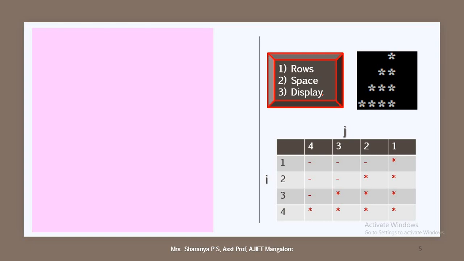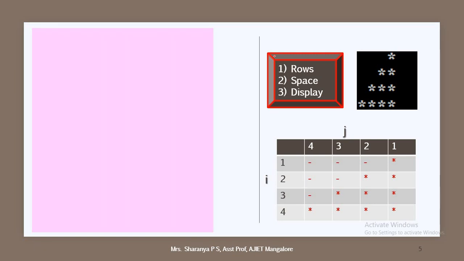In the beginning the space is more, and then it keeps decrementing. So the second for loop is responsible for the space. The third for loop is used for displaying the actual content, what we want to display as a pattern, which can be some numbers, some pattern or some character. Based on the type of the pattern, we run this loop.